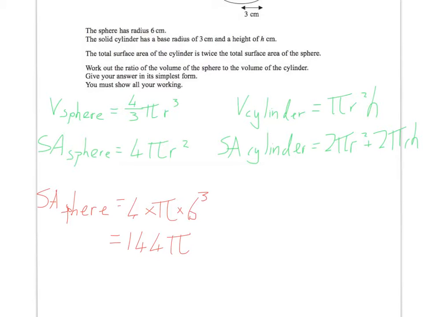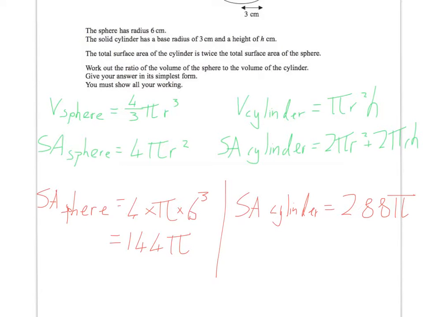Now I'm going to use my surface area of the cylinder equation. I'm going to make sure that it's obvious they're different. Surface area of cylinder. First off, I know it's going to be double the other one, so it's going to be 288 pi. It's double this one.